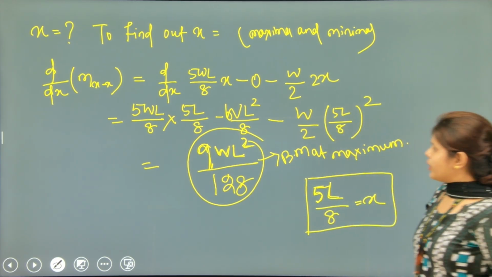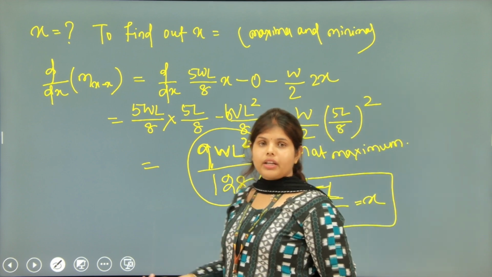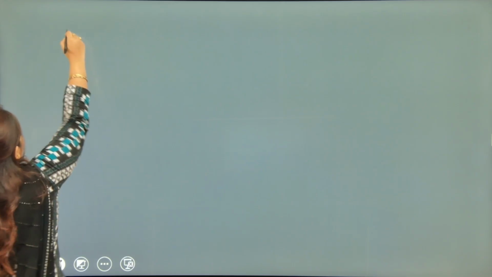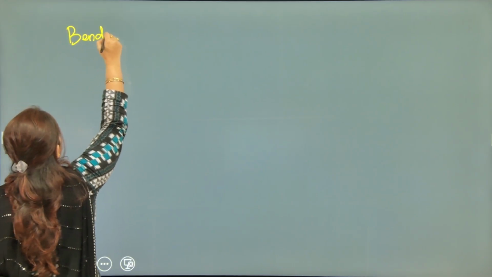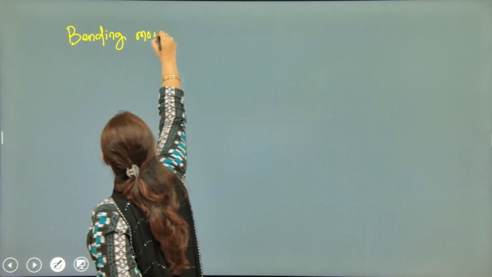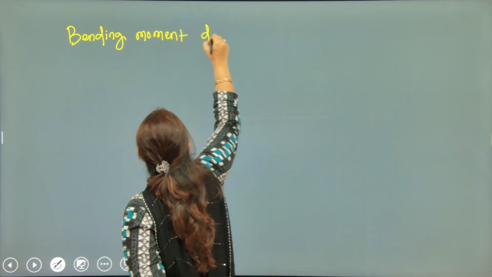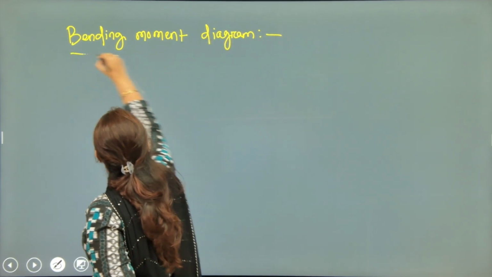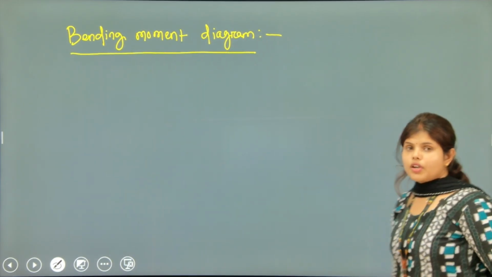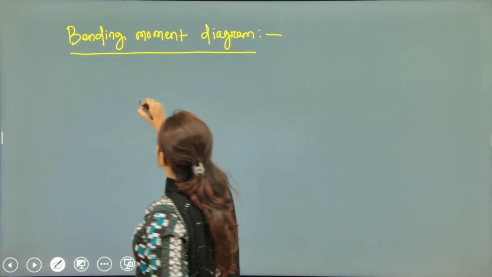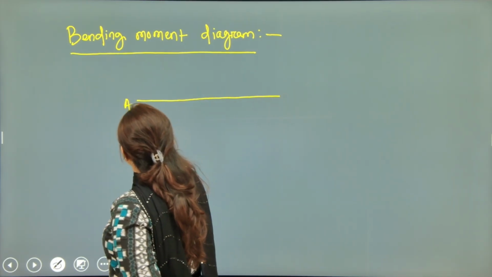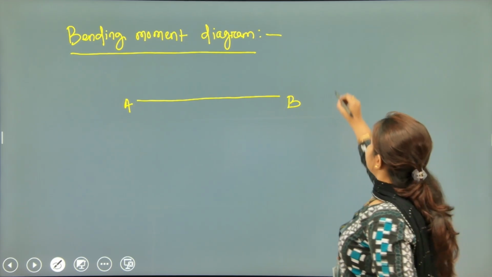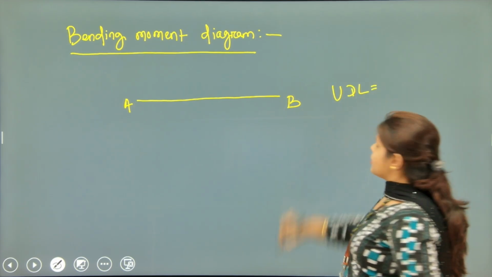We have already the bending moment value at A. Let's go for the bending moment diagram. Bending moment diagram of what? Of beam AB. We know that we have the loading condition as UDL.